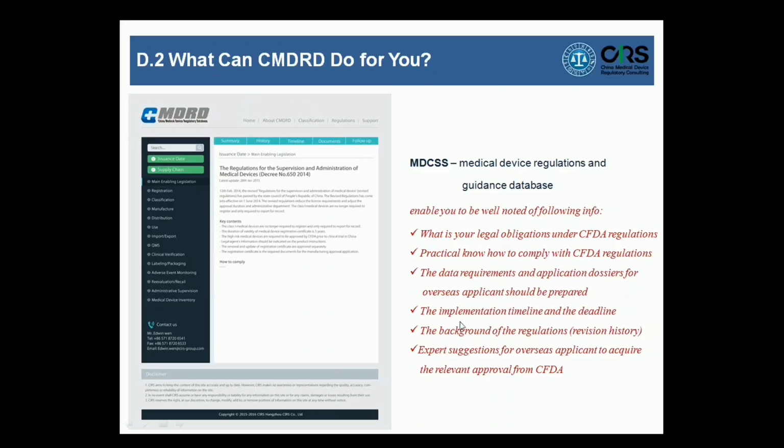Also the implementation timeline and the deadline. The background of the regulations will list the revision history from the very beginning to the latest. Also the expert suggestions for the overseas applicant.